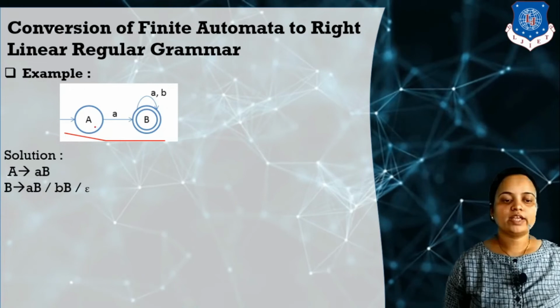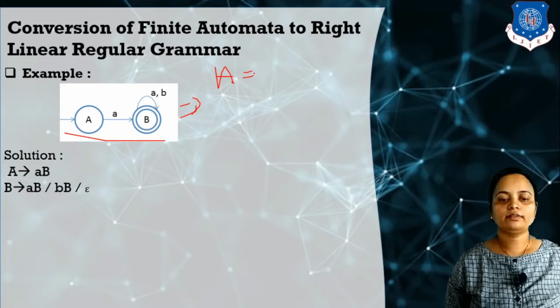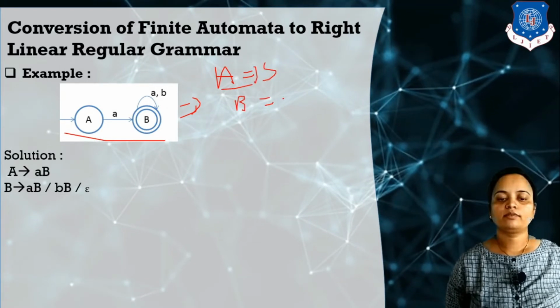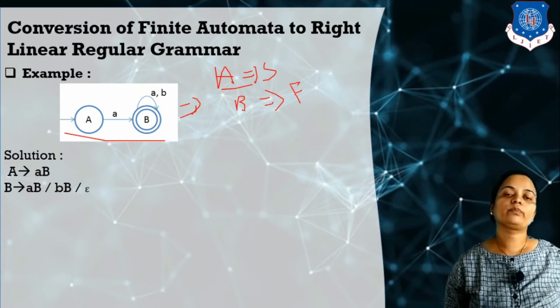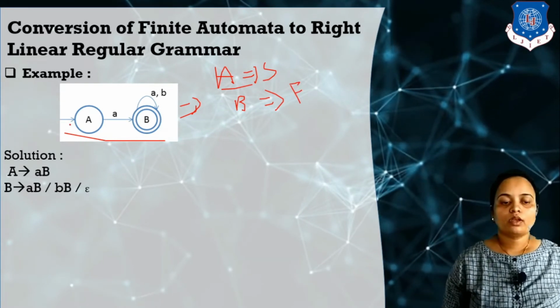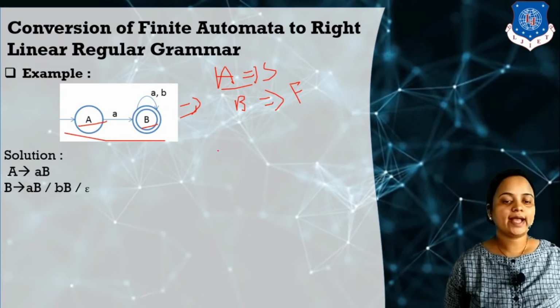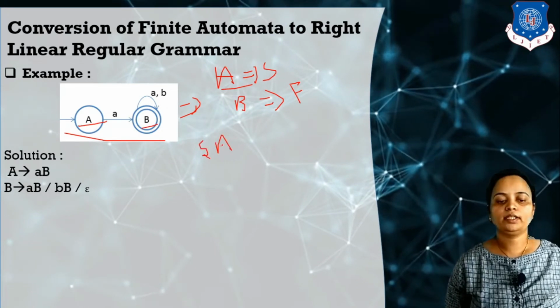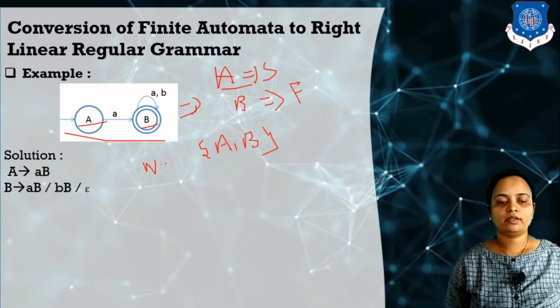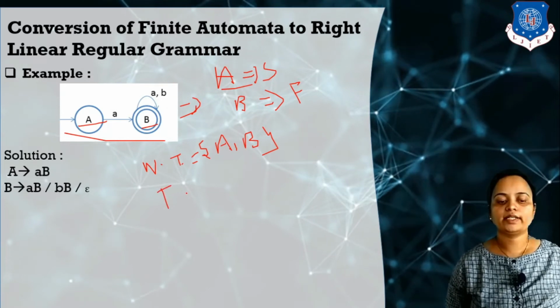For this automata, A is our start state and B is our final state. The states are represented as non-terminals in the grammar, and the inputs are represented as terminals. The inputs for this finite automata are small a and b.